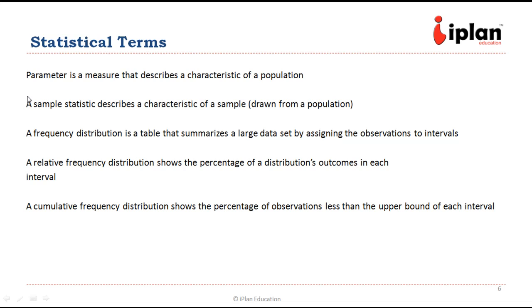These are the basic statistical terms we need to understand before we move forward. Firstly, the parameter. Parameter is in context of a population. It is a measure that describes the characteristic of a population. So whenever we call parameter, we mean population parameter.